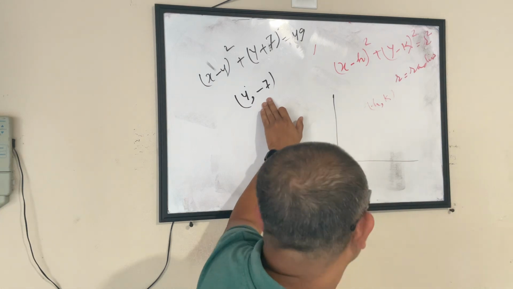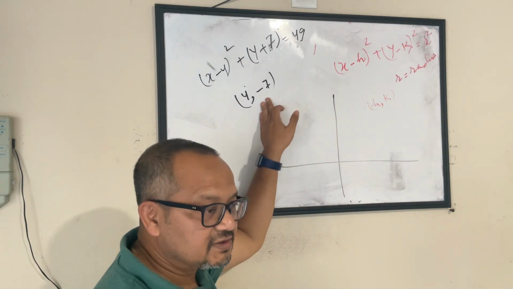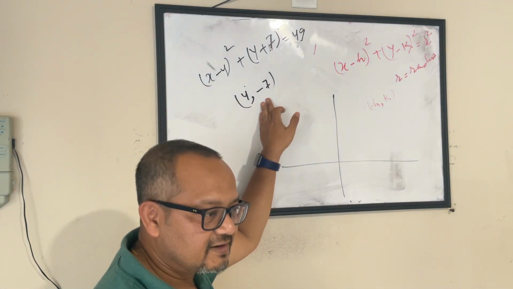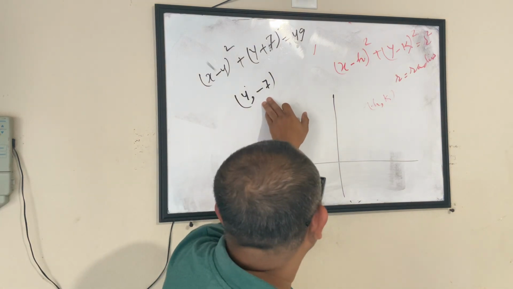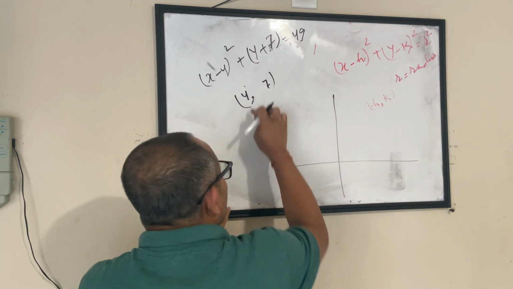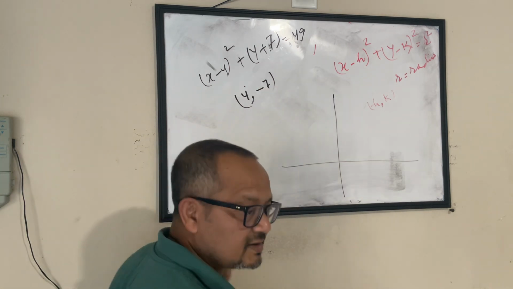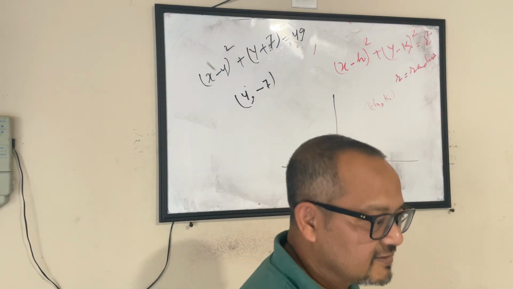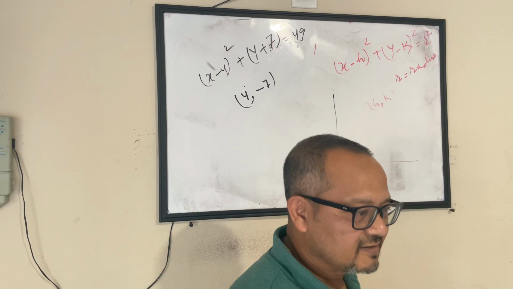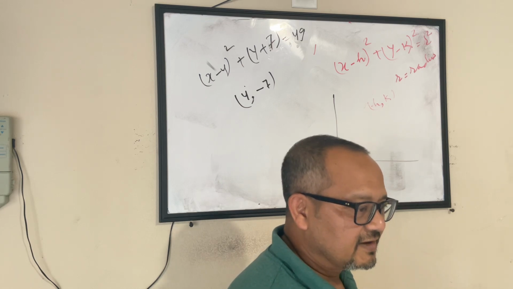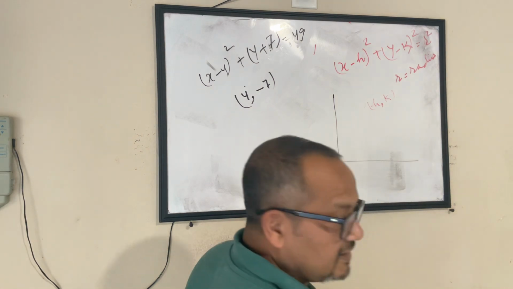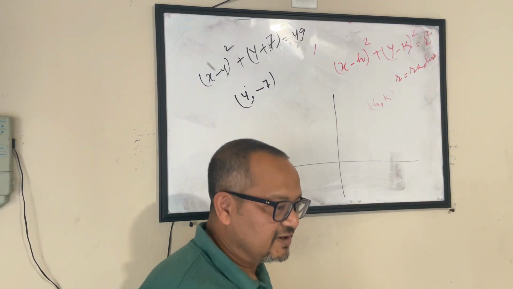Is this right? Am I putting the coordinates of the center right? Yes, sir. Okay. Why so? Why not 7? Why minus 7?